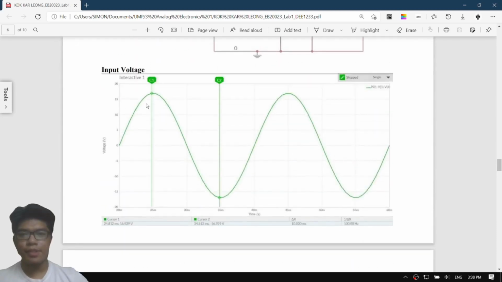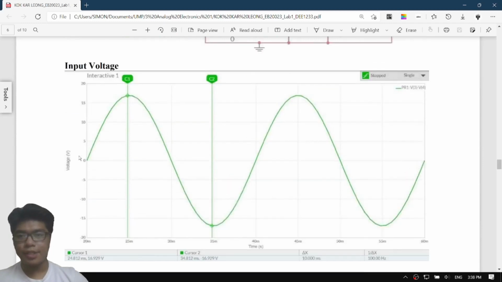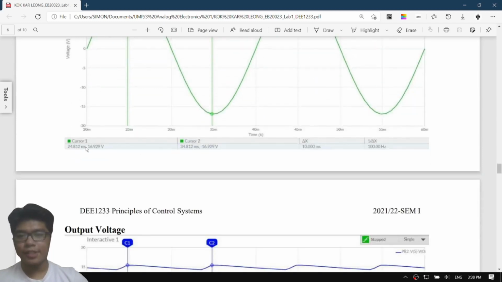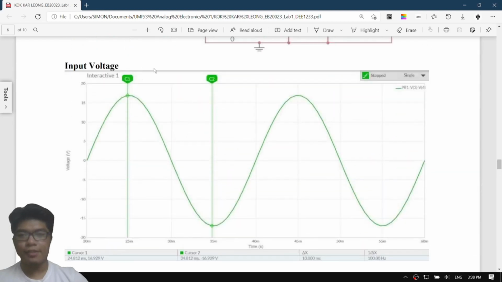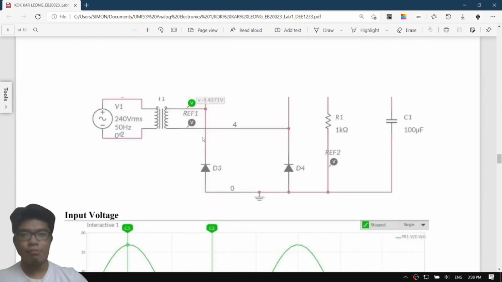So from this output voltage graph, we can see that the peak of the positive voltage is 16.929 volts, and the negative peak is negative 16.929 volts as well.